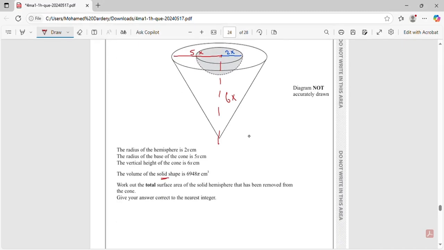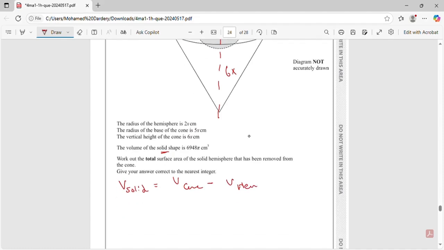So in this situation, the first thing if I need to know the volume of the whole shape or the whole solid, it will be equal volume of the cone minus volume of hemisphere. Okay, so the volume of the whole shape he said is 6948 pi. This is equal volume of the cone, and we know that volume for cone from the formula sheet is a third pi r squared h.